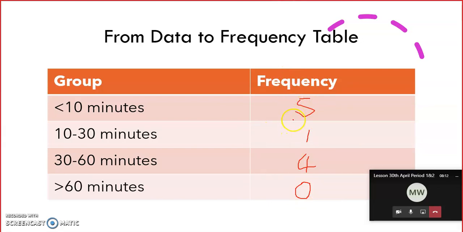So we can see, for example, the majority of people travel pretty close to school, less than 10 minutes, and the second group will be from half an hour to an hour. So I reckon the first group mostly travels, for example, on foot, and the next group is hopefully taking a bit longer transport. Okay, all right. So this is the idea of a frequency table and how we convert the data to that.